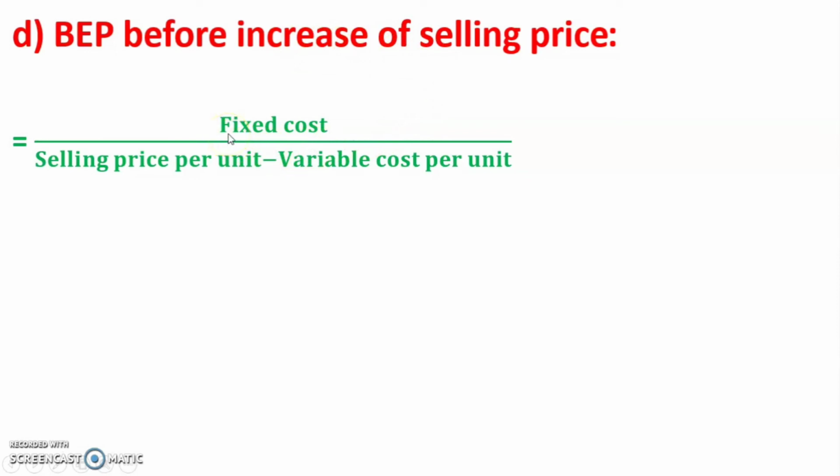This is the formula of break-even point: fixed cost divided by selling price per unit minus variable cost per unit. Fixed cost taka 2 lakhs divided by selling price per unit taka 40 in normal situation minus variable cost taka 24.